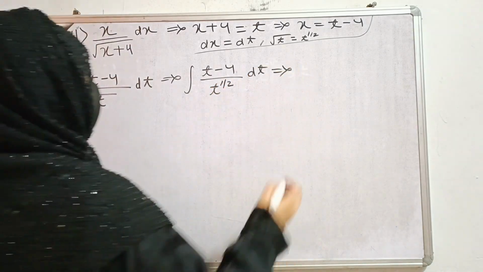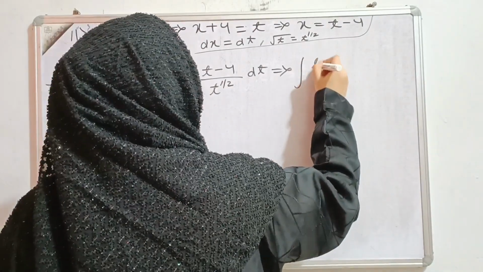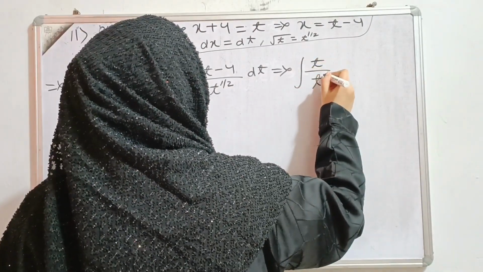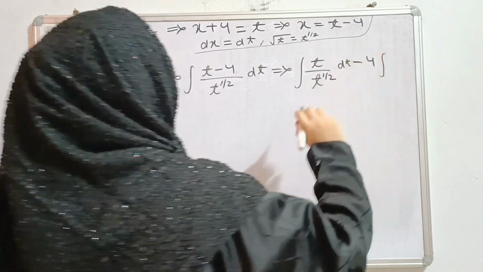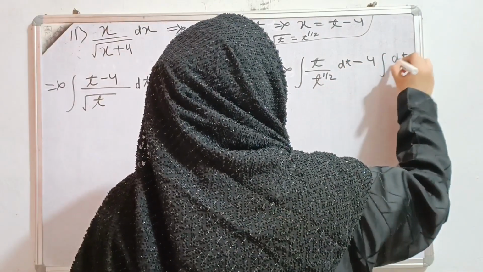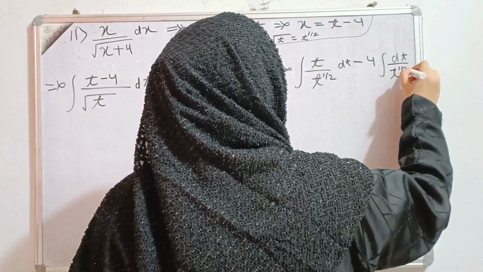Simplifying that, we can write the integral of t upon t power 1 upon 2 dt minus 4 times the integral of dt upon t power 1 upon 2.